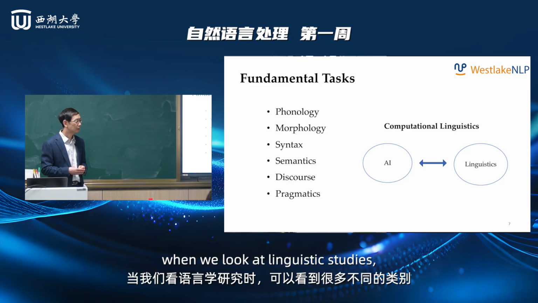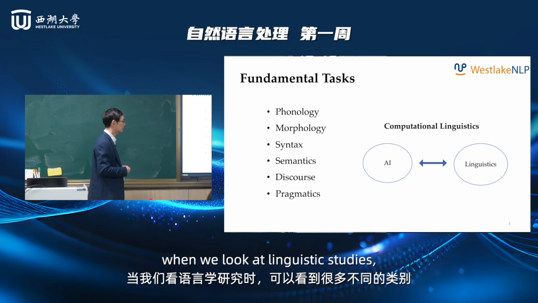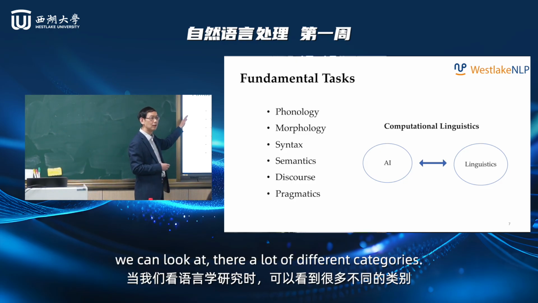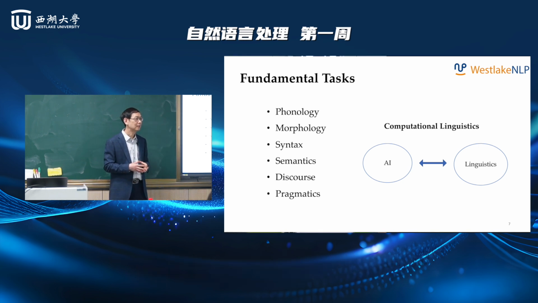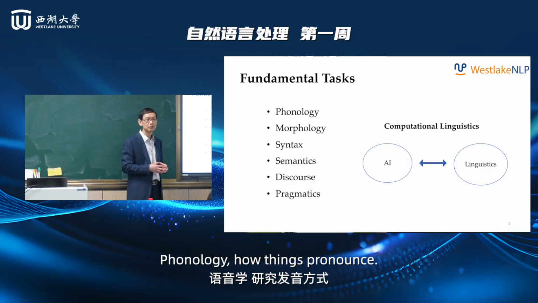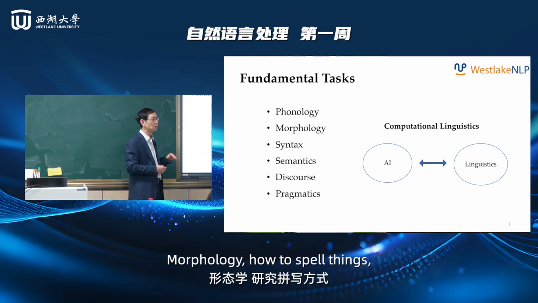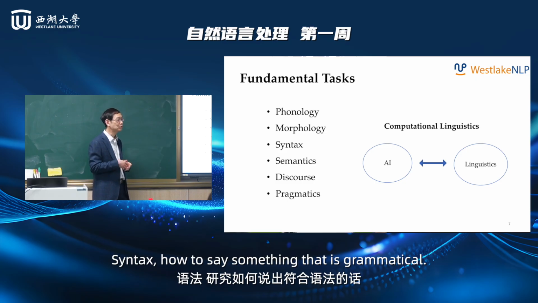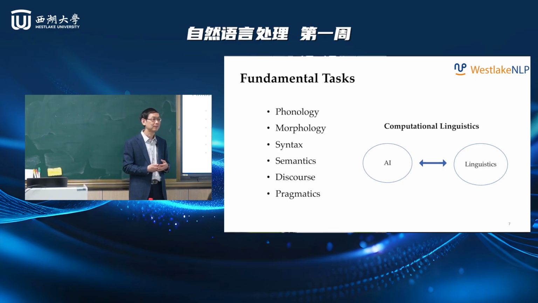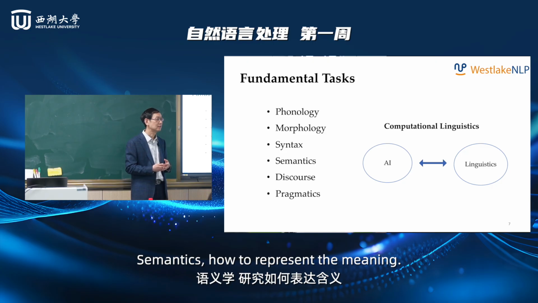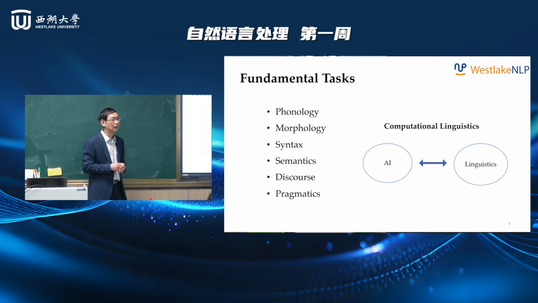So when we look at linguistic studies, there are a lot of different categories of things people are interested in, right? Phonology, so how things are pronounced. Morphology, how to spell things, right? Syntax, right? How to say something that is grammatical. Right? Semantics, how to represent the meaning, all right?